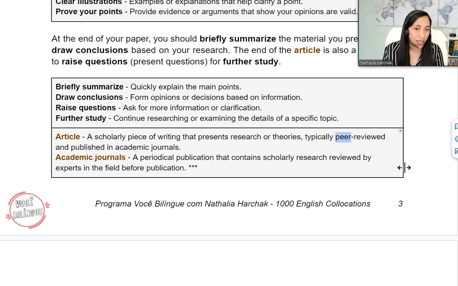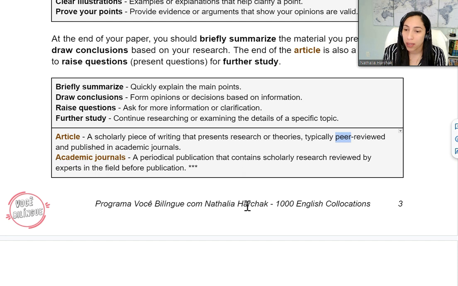But in an academic environment, your peer would be somebody that studies with you, okay, like a classmate. Then peer review. So if I ask somebody to check my text, then I can say that this text was peer reviewed. Okay, somebody gave feedback on my work, basically. All right, before this is published.